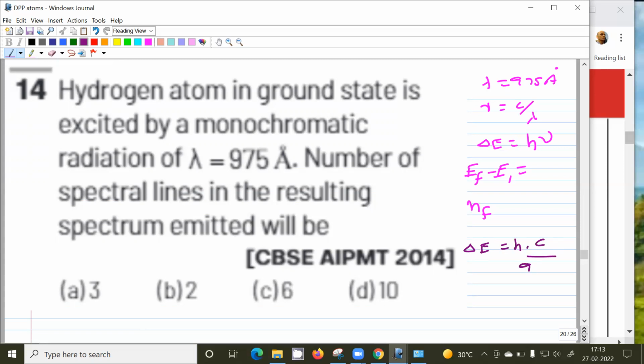I don't know. Now first find delta E, what is the value? H is how much? 6.63 into 10 power minus 34. And c is 3 into 10 raised to 8. Now, okay, calculation is there.